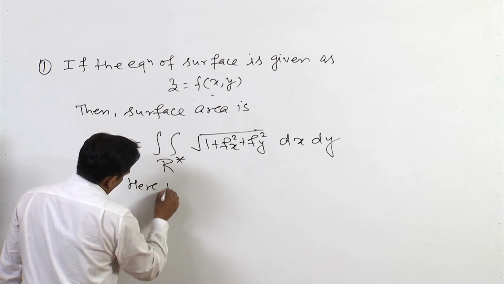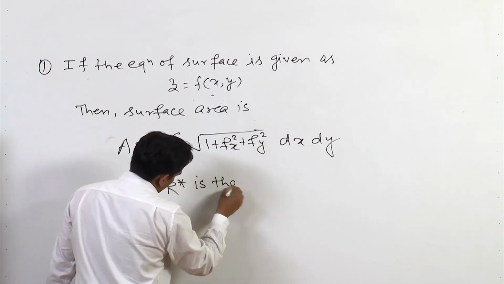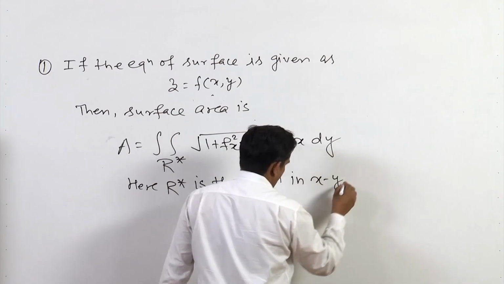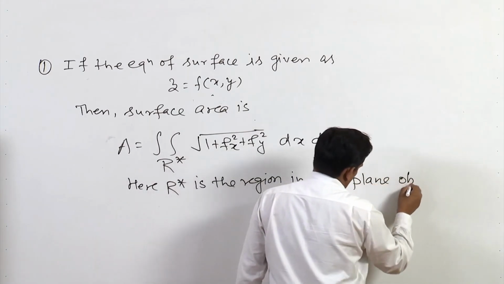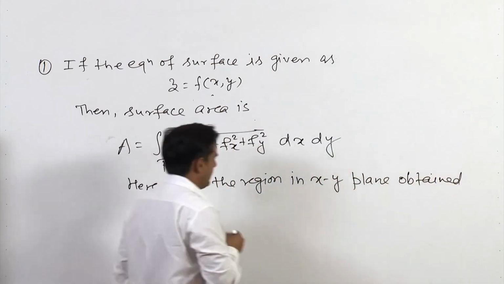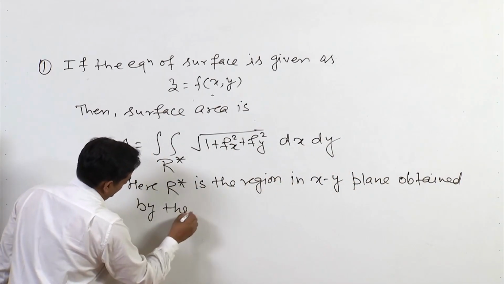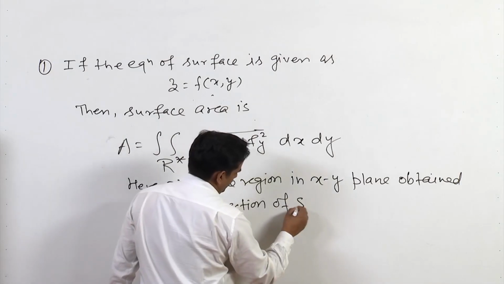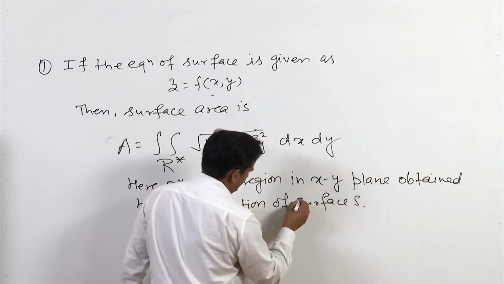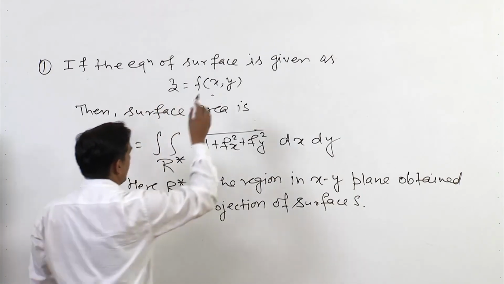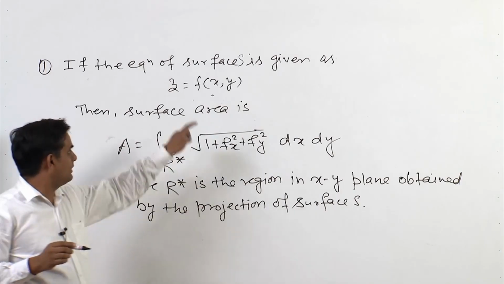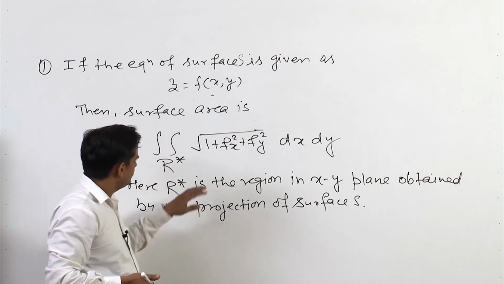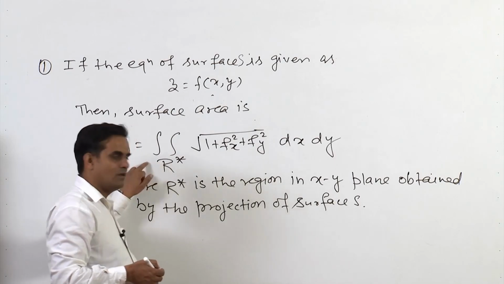Here R star is the region in the xy plane obtained by the projection of the surface S. So if the equation is in this way, you just take the projection on the xy plane, calculate this quantity and solve this double integral.